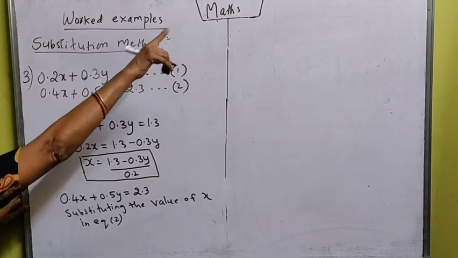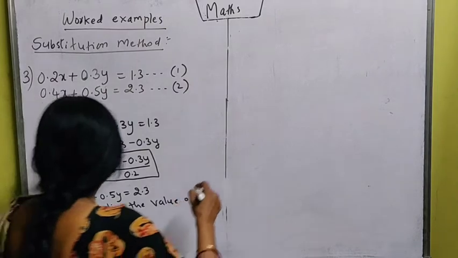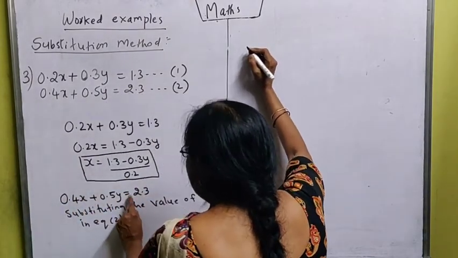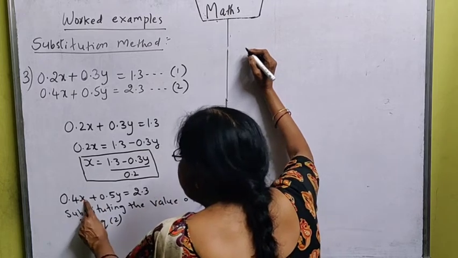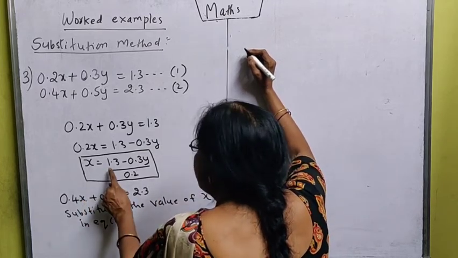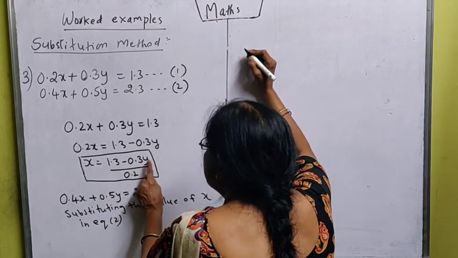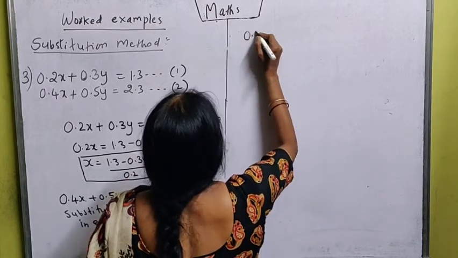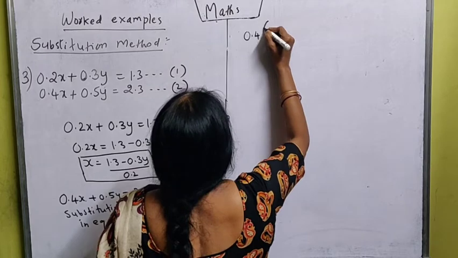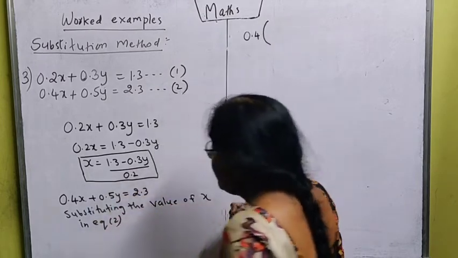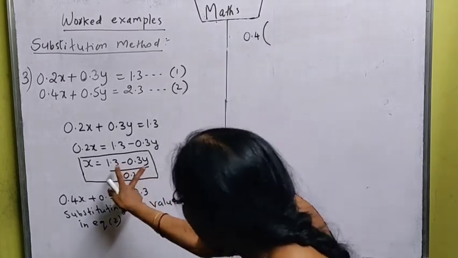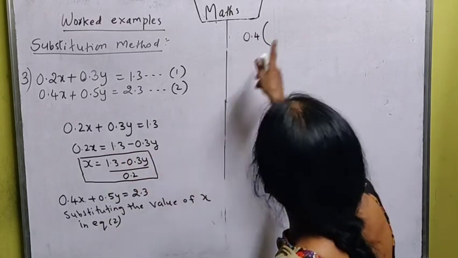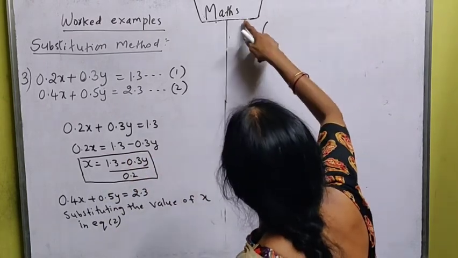So what is the equation given? 0.4x plus 0.5y is equal to 2.3. In place of x, I want to take 1.3 minus 0.3y, whole divided by 0.2. So 0.4 will remain as it is, and I write this inside a bracket. Why am I writing it inside the bracket? Because it is a binomial term with a denominator, so I can't write it that way only.